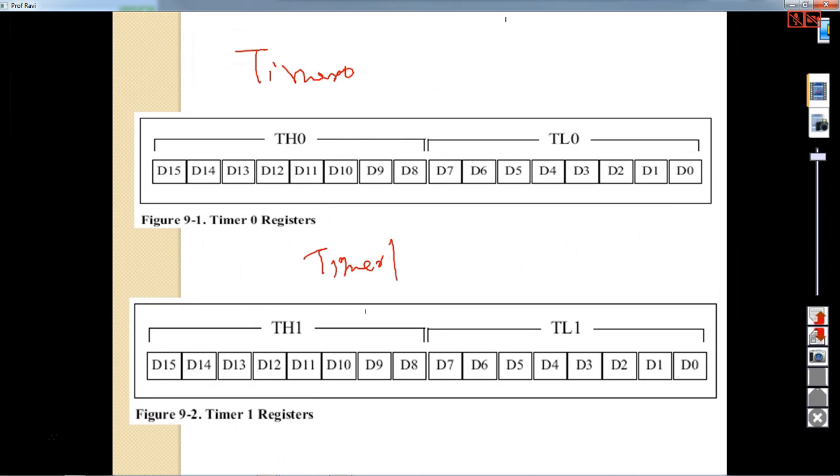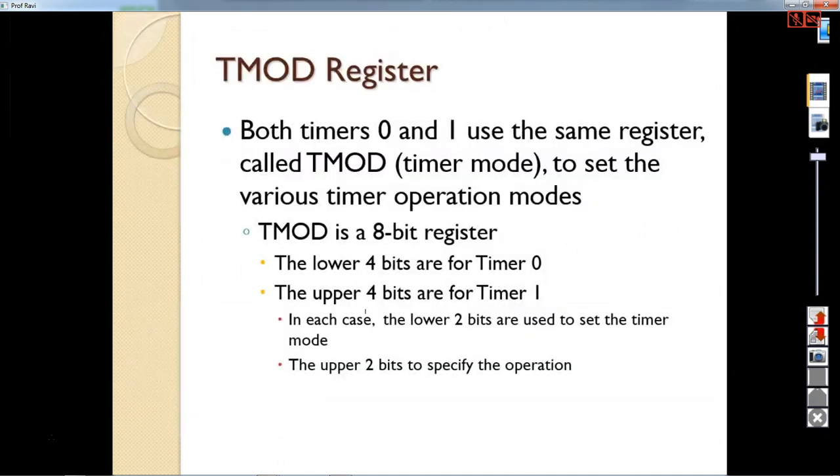The TMOD register is the timer mode register, and it is used to configure 8051 timers. Both timers 0 and 1 use the same register, this TMOD register, for their configuration.